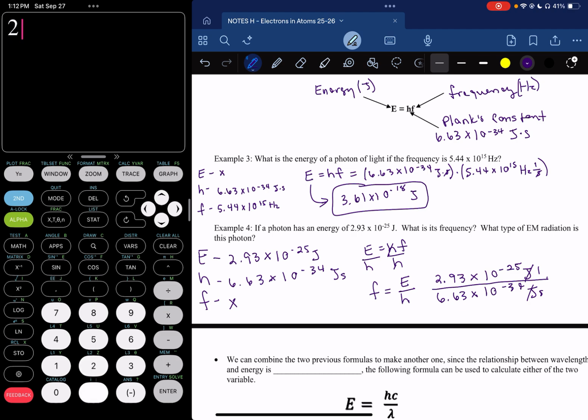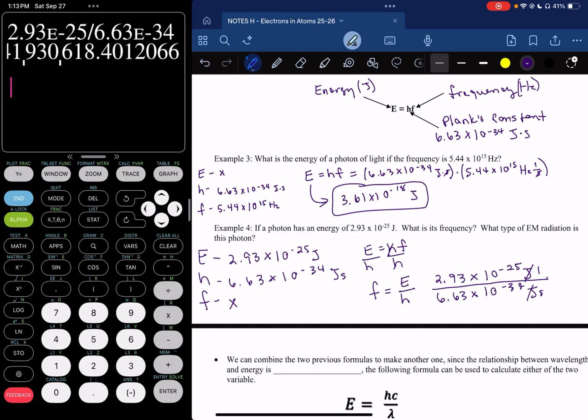Okay, so 2.93 EE to the negative 25th. And then we're going to divide by 6.63 EE to the negative 34. It kind of looks like a 39. It's a 34. Okay, enter.